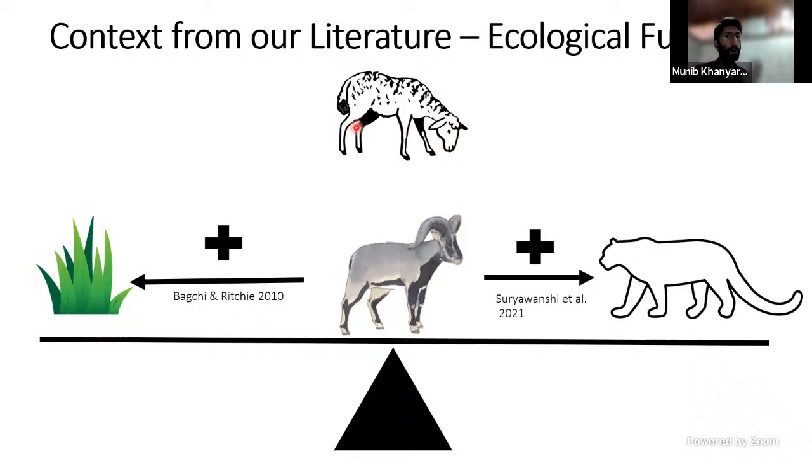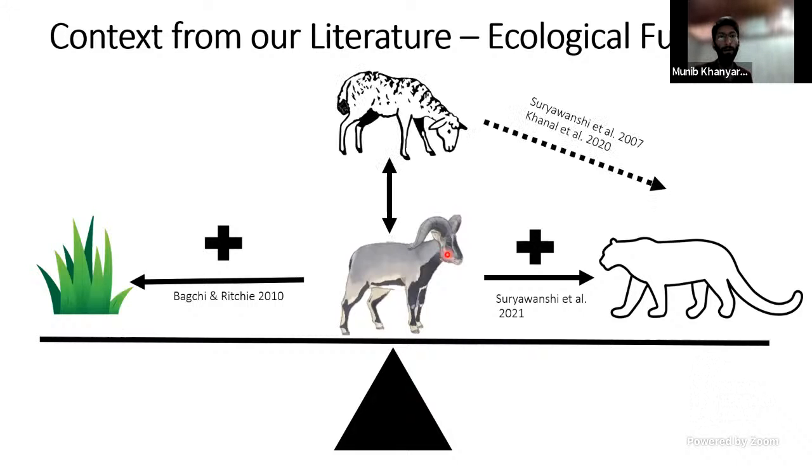So livestock, particularly small-bodied livestock, which has very similar ecological roles to their wild cousins, the caprids, I tend to believe, fulfills a very similar ecological role potentially to the wild ungulates in these systems.